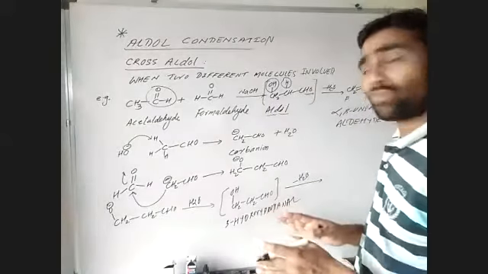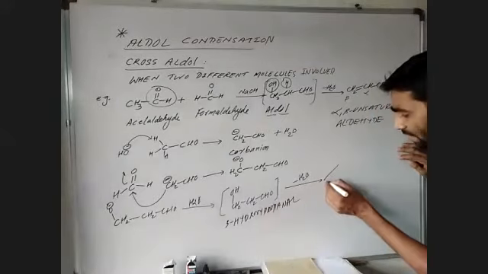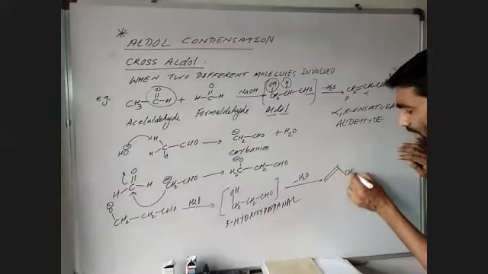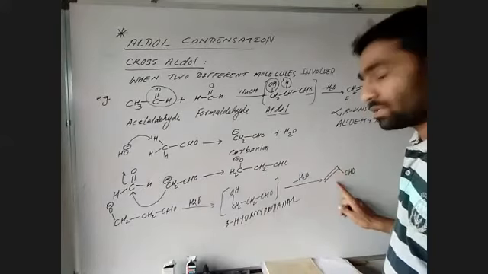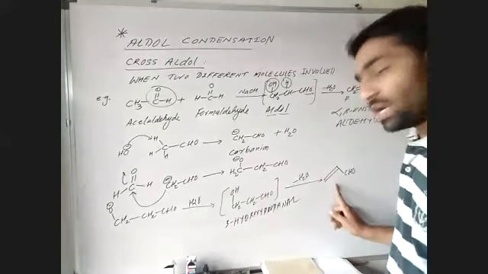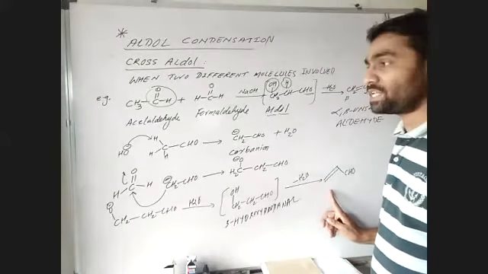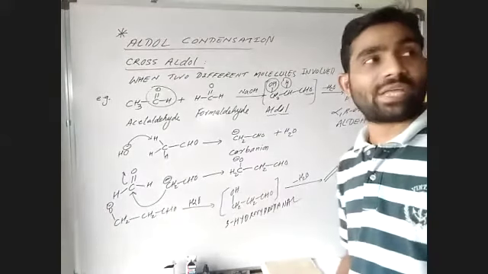But when we go for the IUPAC name, same thing. You can write like this. Okay, this is also correct. This is also right. Fine. It is called acrolein.